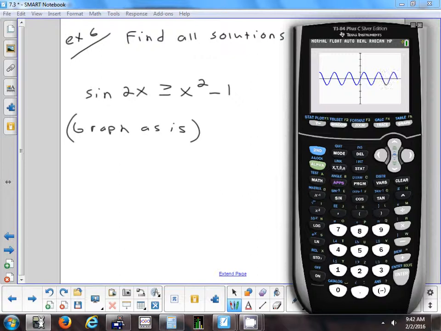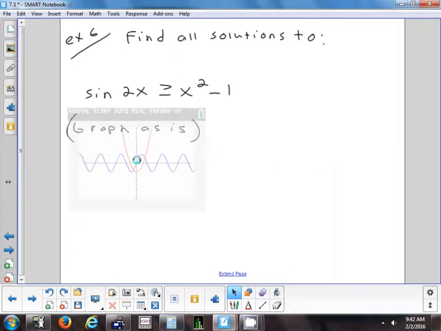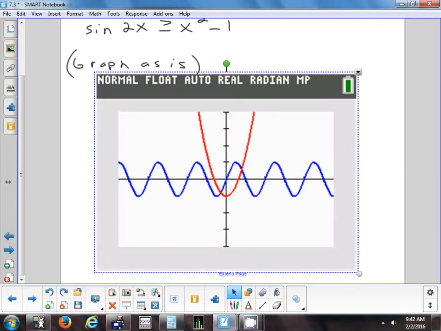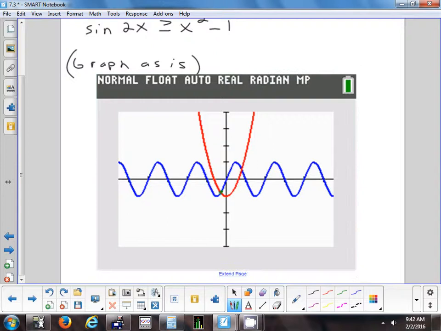So we got our sine function. And now I want to know where the sine function is above the parabola. Right, so what would be my first step? What do I have to find first? Yep. Finding the two intersecting points where it intersects the parabola.